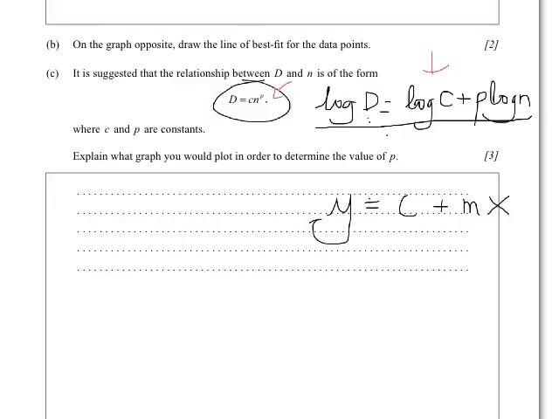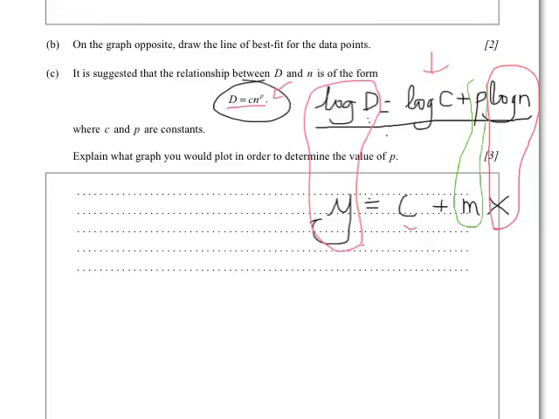If this is definitely equal, then you should get a straight line if you put log N on the x-axis and log D on the y-axis. This gives you a gradient P. Okay, so your gradient will be equal to P, and your intercept would be equal to log C.